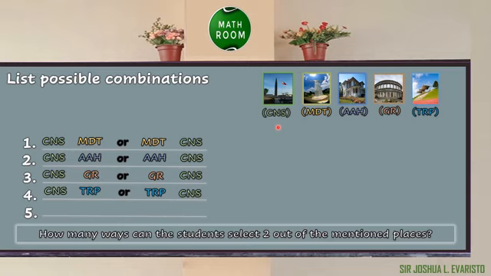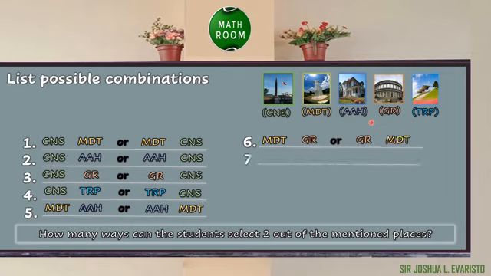For number 5, we can also choose Monasterio de Tarlac followed by Aquino Ancestral Home, or Aquino Ancestral Home followed by Monasterio de Tarlac. For our 6th combination, we have Monasterio de Tarlac followed by Goshen Resort, or Goshen Resort followed by Monasterio de Tarlac.